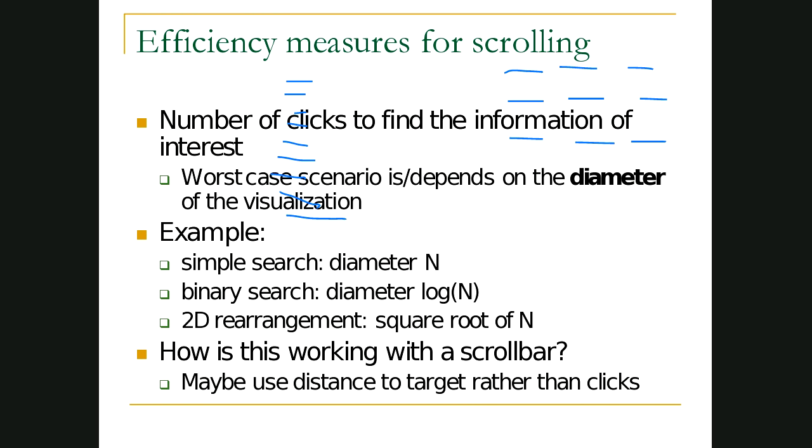And then my screen will have an up, down, left, and right. So as you can see, with 9 items, in about 3 moves, I can go anywhere. So the diameter of this visualization is 3.